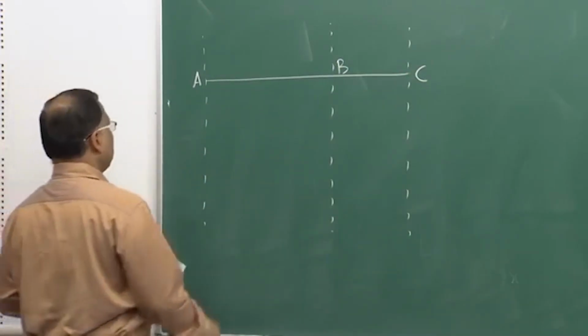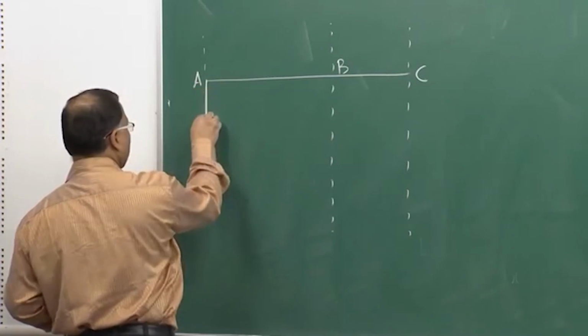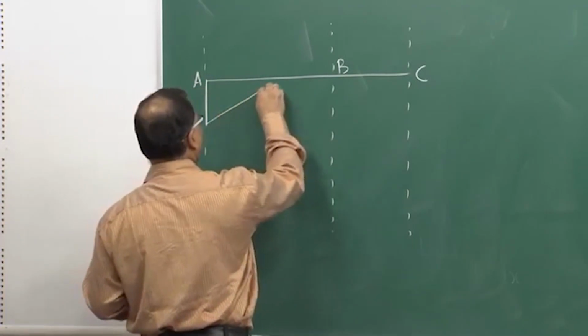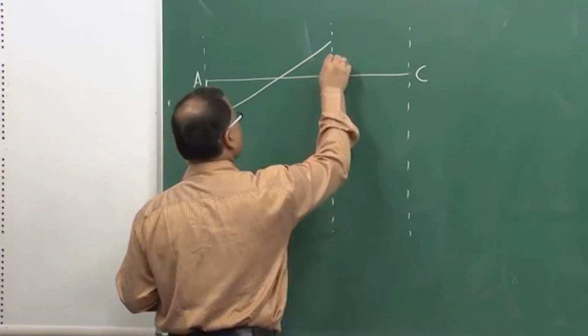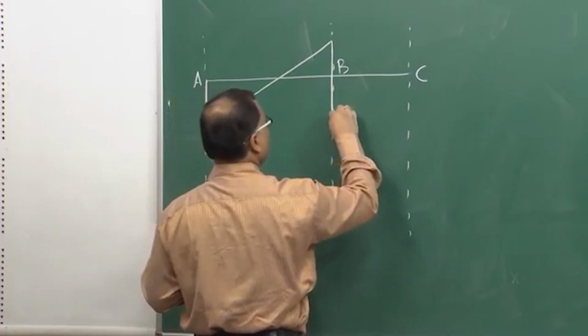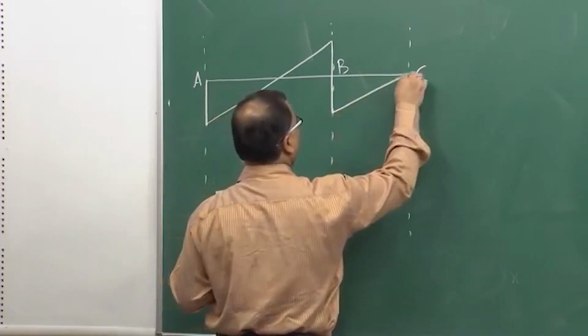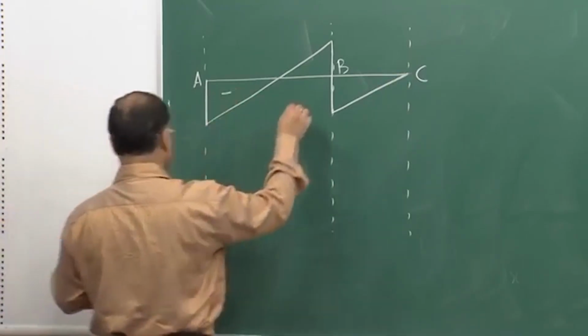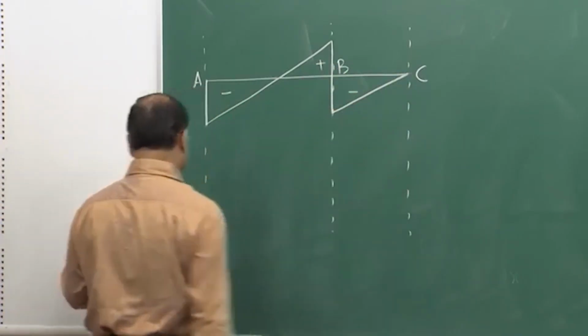Your shear force diagram will be looking like this. This is negative, this is positive and this is again negative.